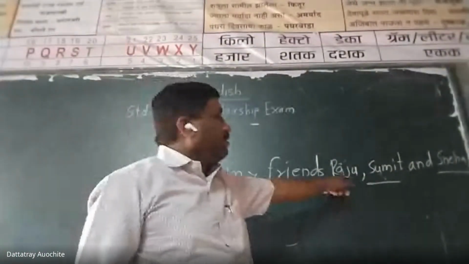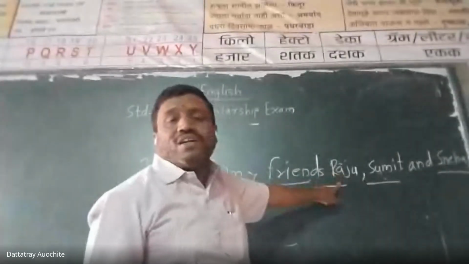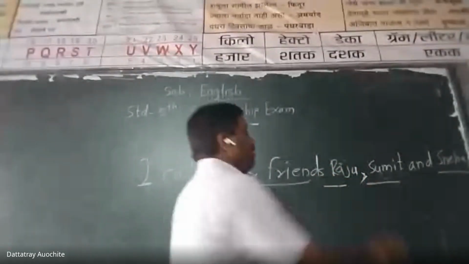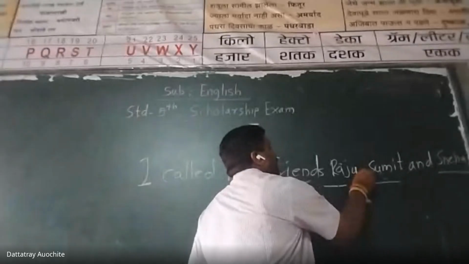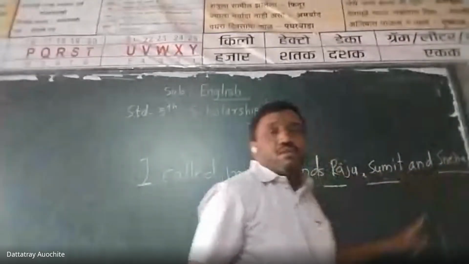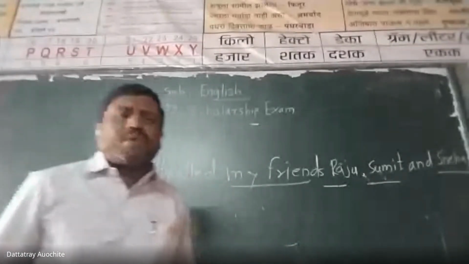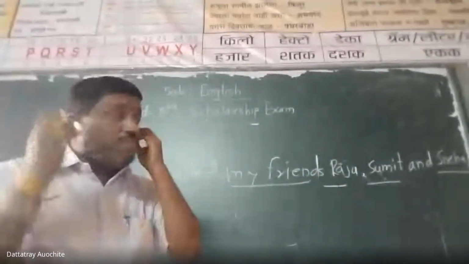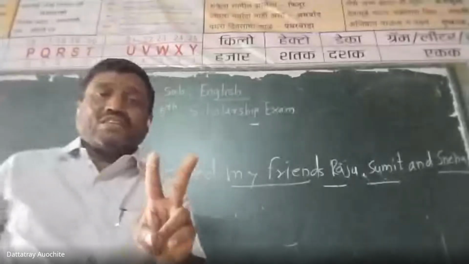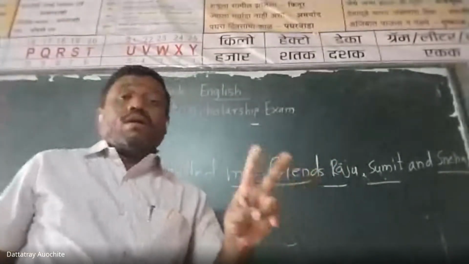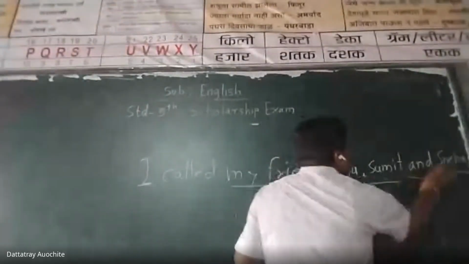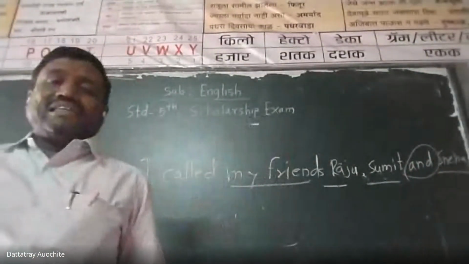If the first word is Raju, then we add a comma. Then Sumit and Sneha. So usually at the end of the sentence, when we use the final two words from that category, we take this conjunction there.